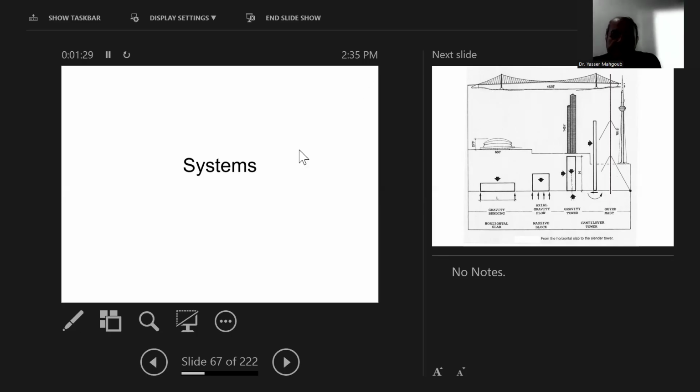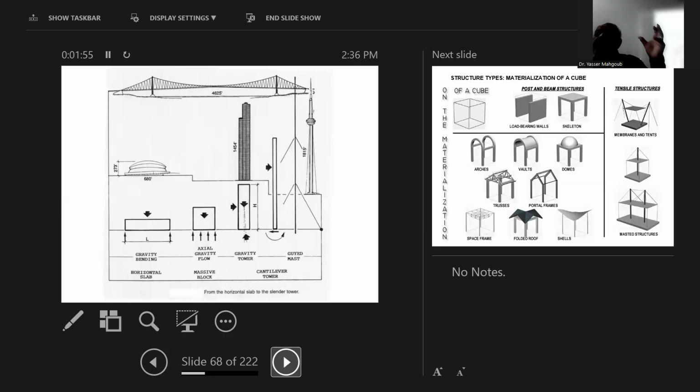Selecting the system starts from understanding the components of the project. If you have a high-rise building, a large span, different projects or different elements of the project require different systems. You might not use only one system for the whole project.